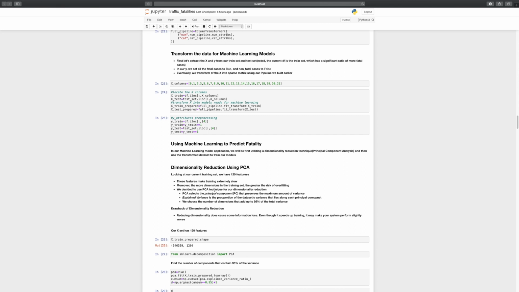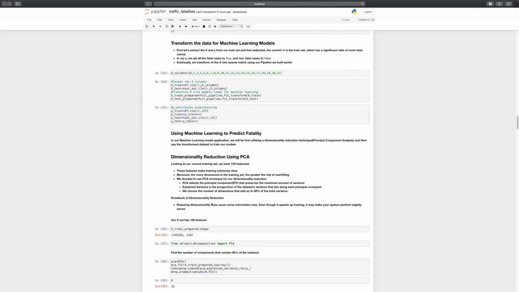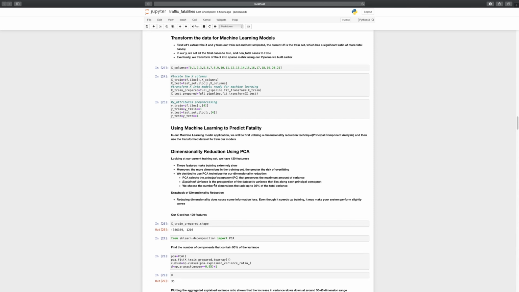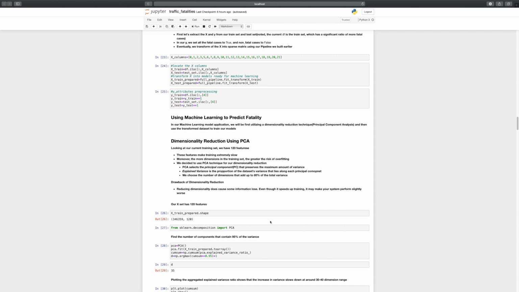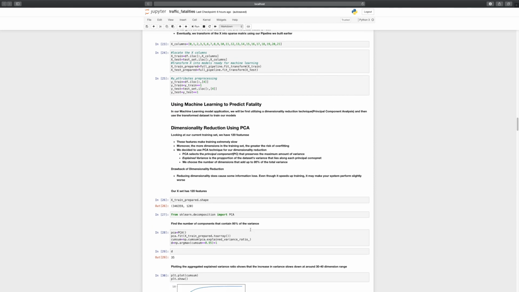And moreover, the more dimensions in the training set, the greater the risk of overfitting. We don't want overfitting, so that our model will not be able to generalize. That's why we need to use dimensionality reduction techniques. And I selected principal component analysis because it allows me to preserve a certain amount of variance in my X output.